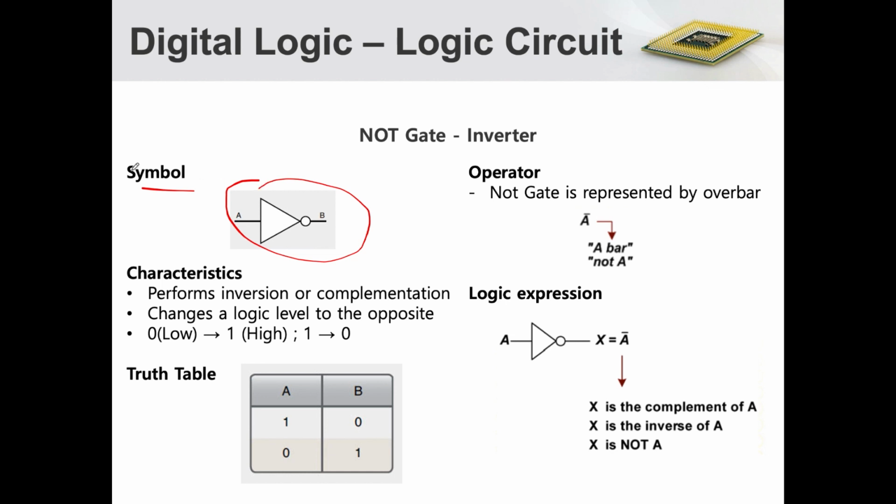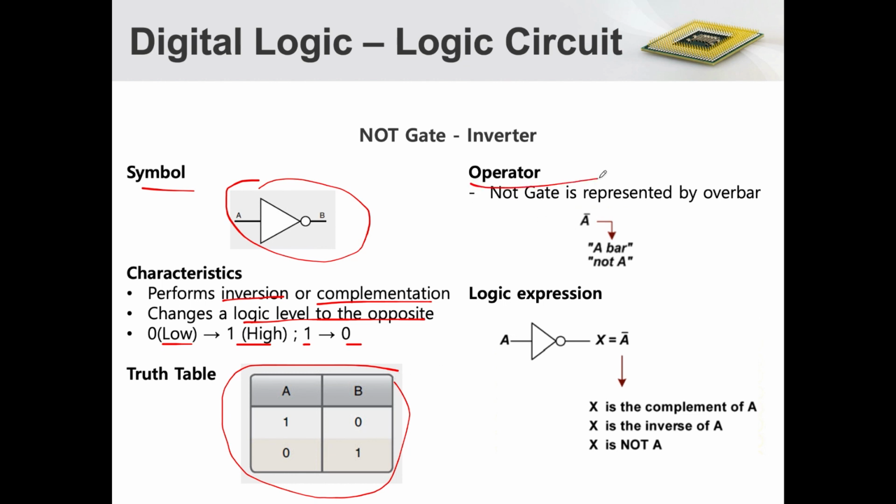And about the characteristic, it performs the inverse or complementation, which means it changes the logic level to the opposite, from low to high or from high to low. So this is the truth table. Simple, quite easy for you to understand and memorize.